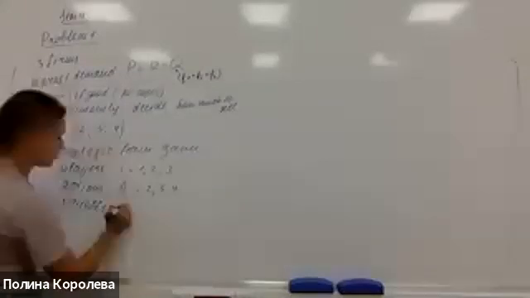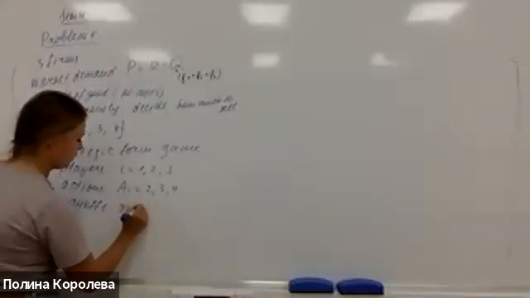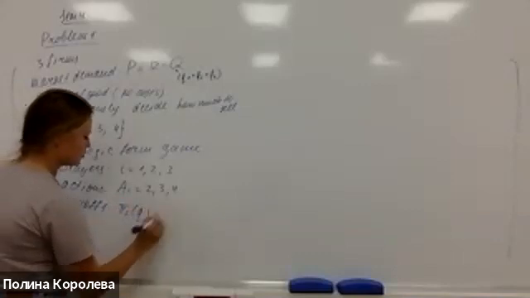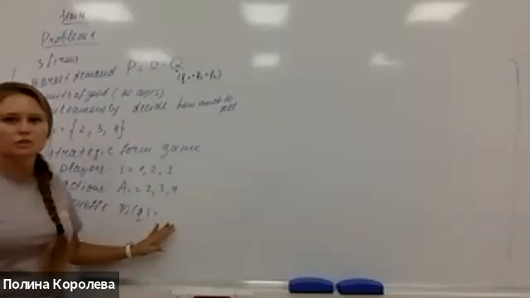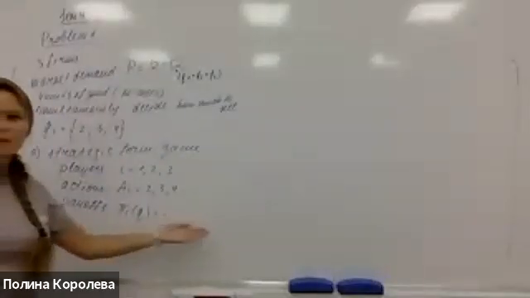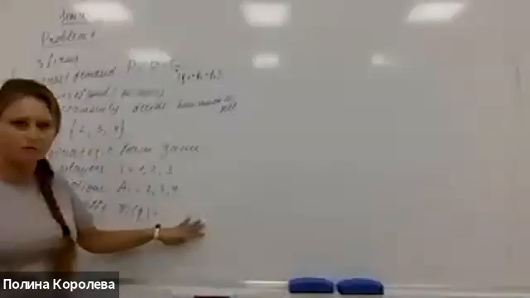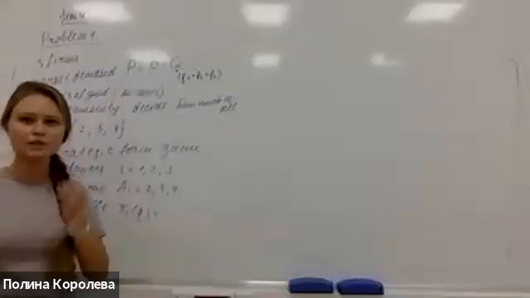Let's write down the profit of each firm, which depends on quantity. What is profit? It is revenue minus costs. We know that there are no costs for each firm, so we will have only revenue. What is revenue? It's price multiplied by quantity, you know it.